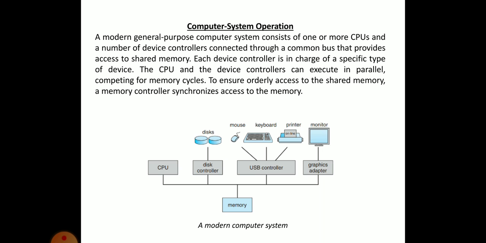In such cases, a memory controller, which is also a program, is used to synchronize access to the memory. The memory controller provides access to the memory location for each and every device in a particular schedule. For that, we make use of the memory controller.